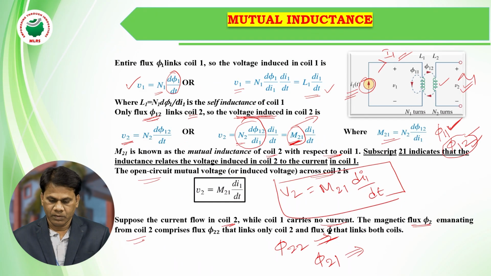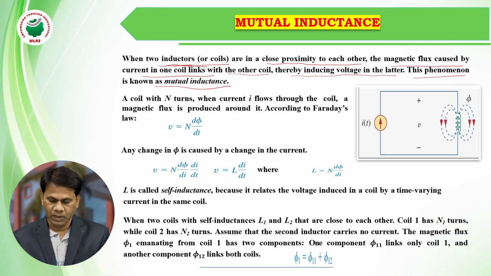In general, when one coil is there, we call it self-inductance. In the last class we discussed self-inductance, and now we discussed mutual inductance.